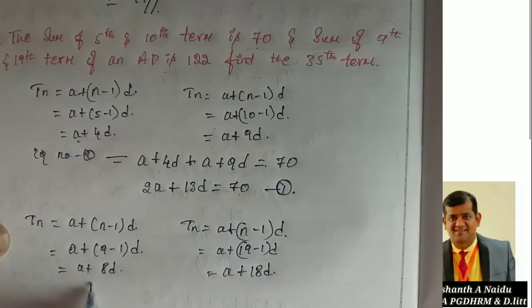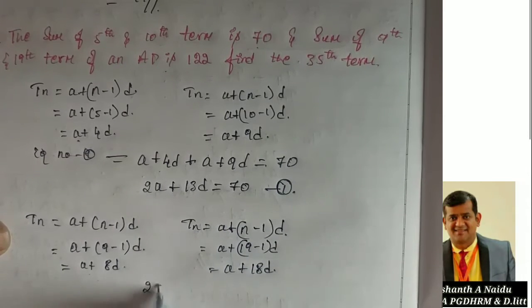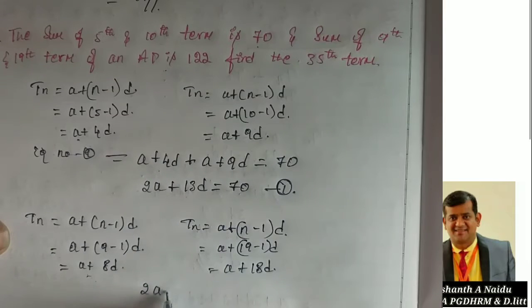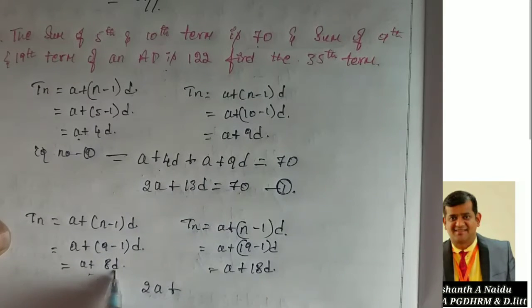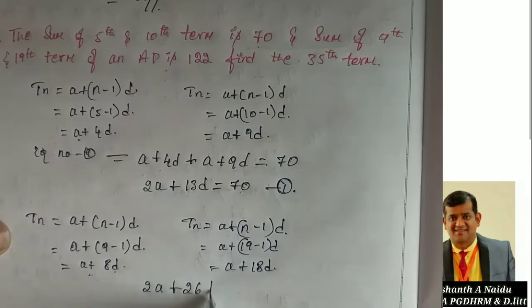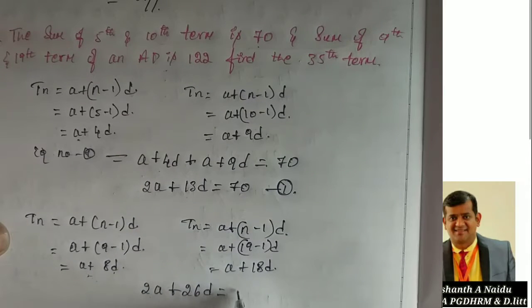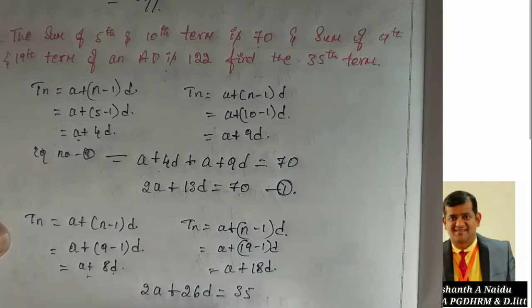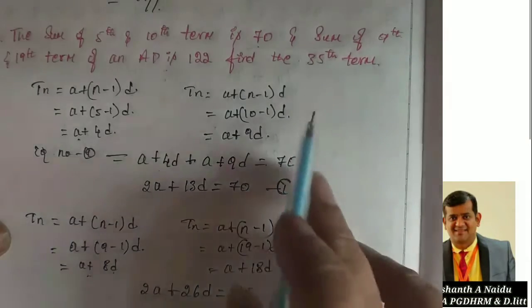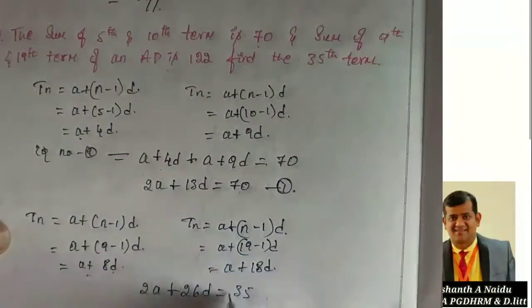Okay, so now let me frame an equation with this. That is 2a, a plus a plus 18d plus 8d, 26d equals 122.